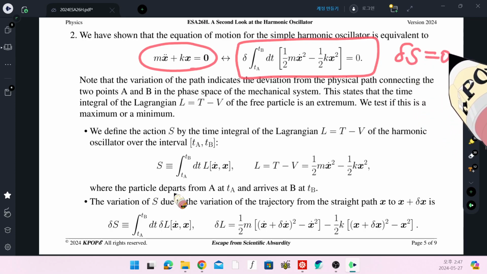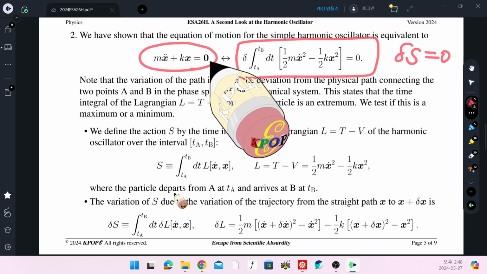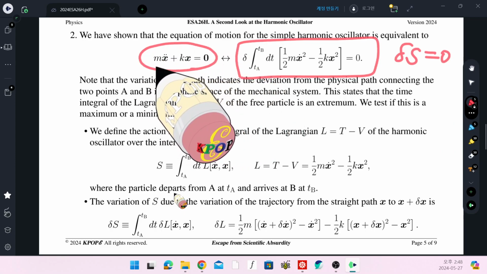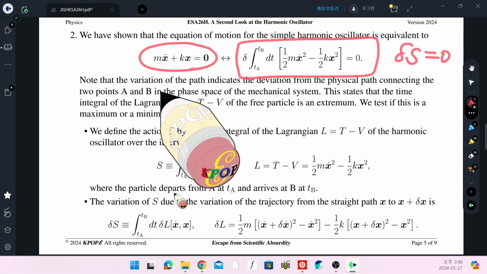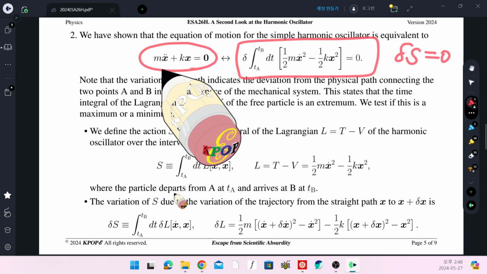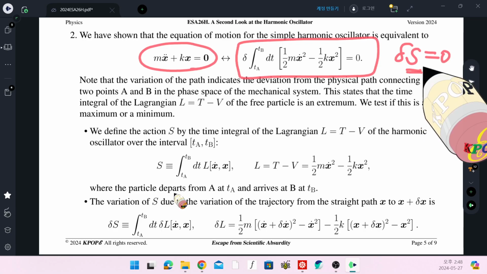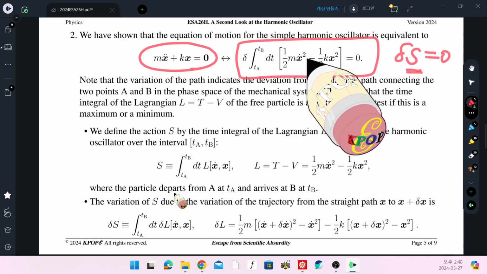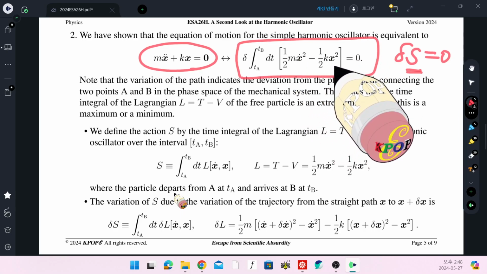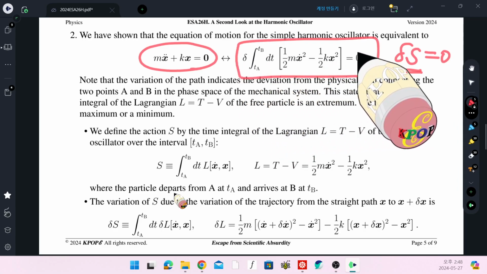That means this equation of motion gives the solution called the physical path, and the physical path is the path at which the action of the corresponding system, that is the time integral of the kinetic energy subtracted by the potential energy, has an extremum. Why extremum? Because the first order derivative vanishes.